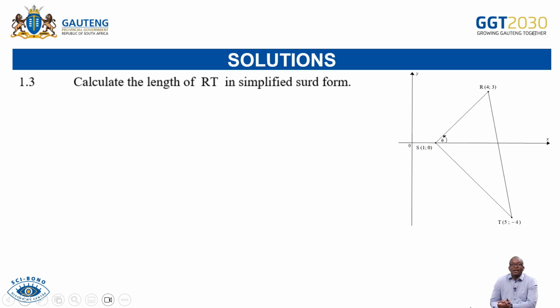Then it says you must calculate the length of RT in simplest surd form. So now what we need to do here is to calculate the length. The length of what? RT. That is the length that we are looking for. So remember all the time, you're going to have your point T, which is (5; -4).